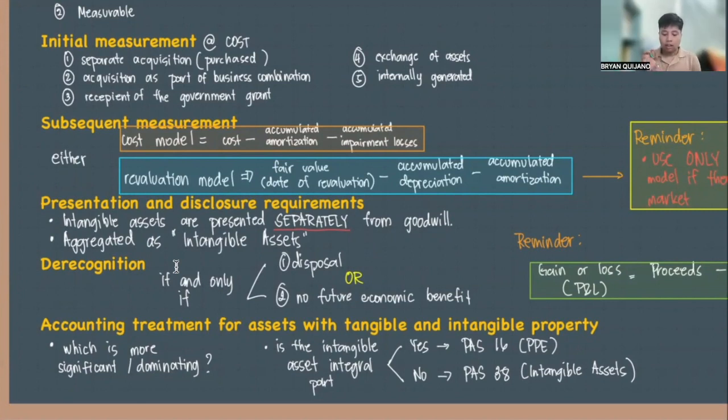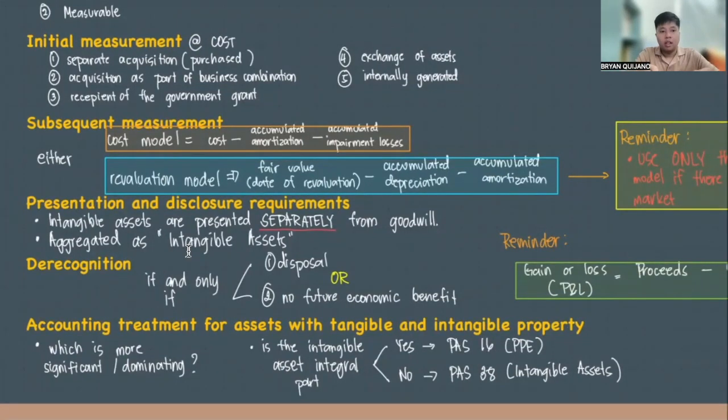If the intangible asset is an integral part of the property, plant, and equipment, then you will record both the PPE and the intangible asset as part of the property, plant, and equipment under PAS 16. But if the intangible asset is not an integral part of the property, plant, and equipment, then you will record the tangible asset separately under PAS 16, and the intangible asset under PAS 38.